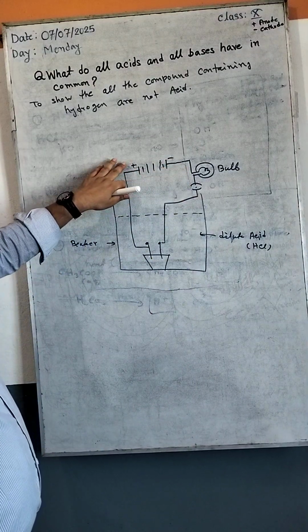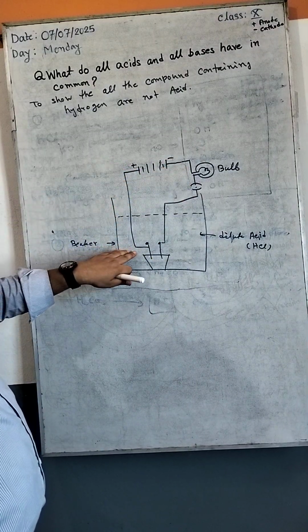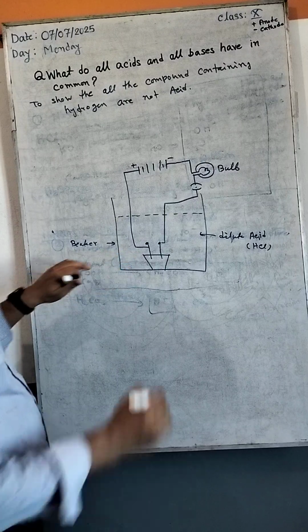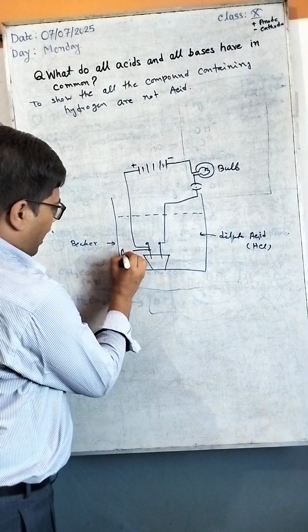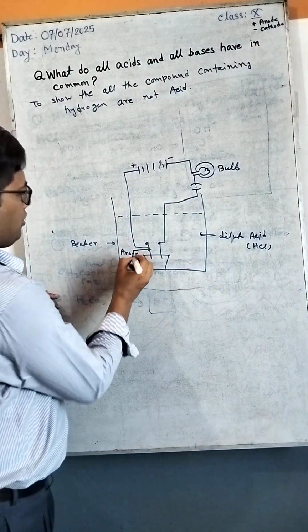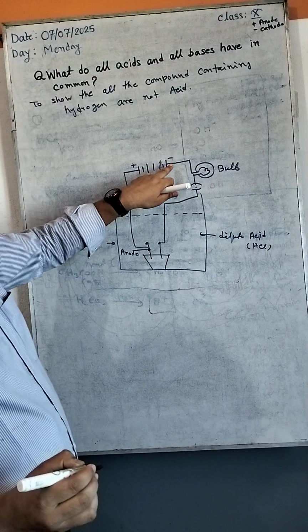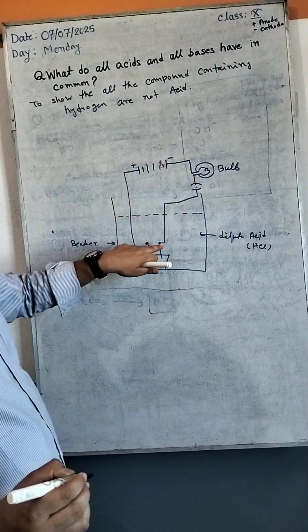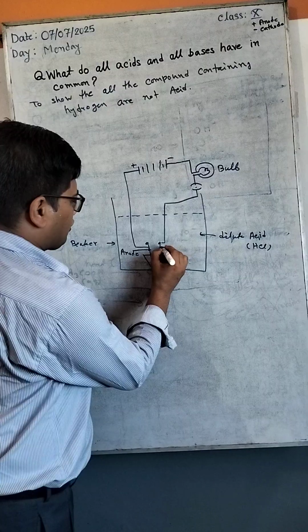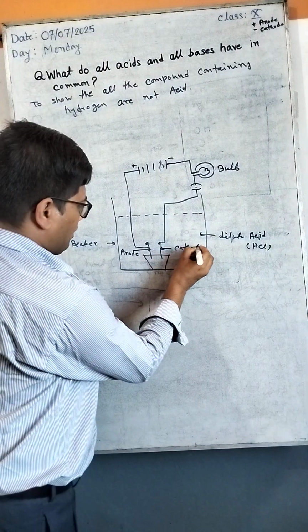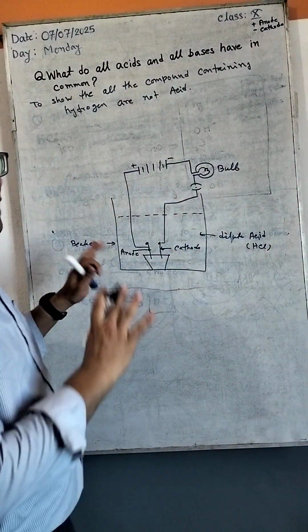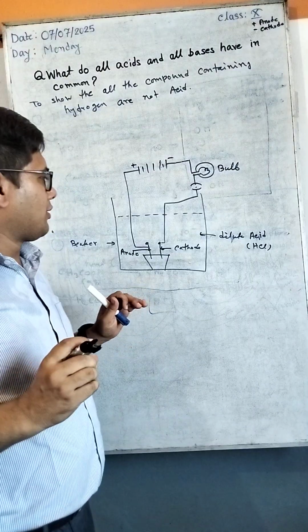The battery positive terminal is attached with the electrode that is called the anode. Battery negative terminal is attached with the electrode called the cathode. Now ready for experiment.